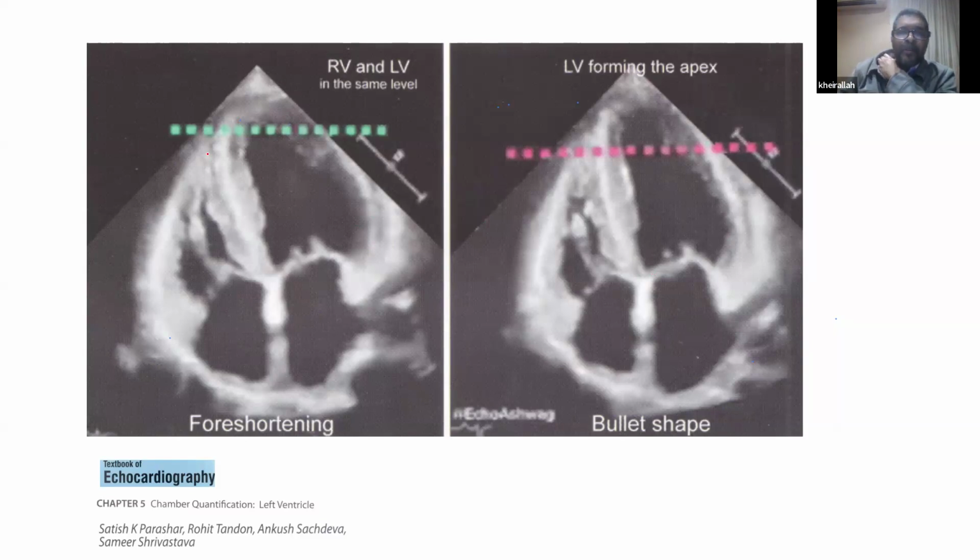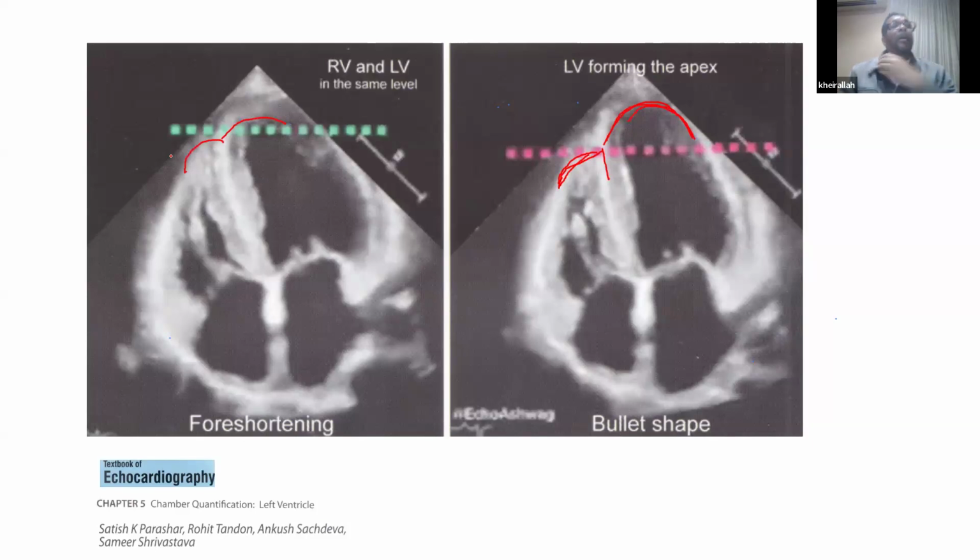One rule of thumb to know whether you are foreshortening or not: look at the apex here. This is the LV apex. Where is the RV apex? It's here. Usually the most distal part is the LV apex. But look here. Where is the LV apex? Here. Where is the RV apex? Here.